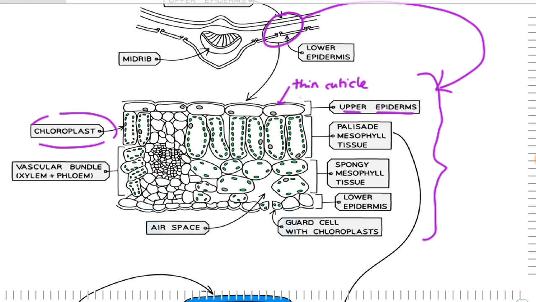So this thin cuticle is a transparent layer which is on top of the leaf. So this one is transparent, so since it's transparent, it allows light to pass through. And also the upper epidermal cells, they allow light to pass through since they would have a transparency.